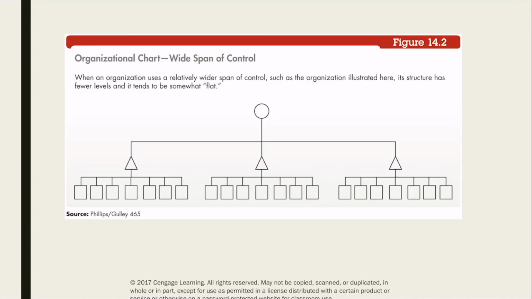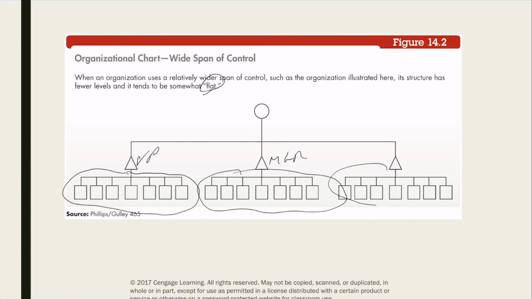Now, a wide span of control, this is what we call flattening the organization. And you see here all of the strata, or much of the strata, have gone. And you see maybe the VPs or managers. I don't know which ones they are. It doesn't really matter. But you see fewer people taking control of a larger amount of individuals or associates here.